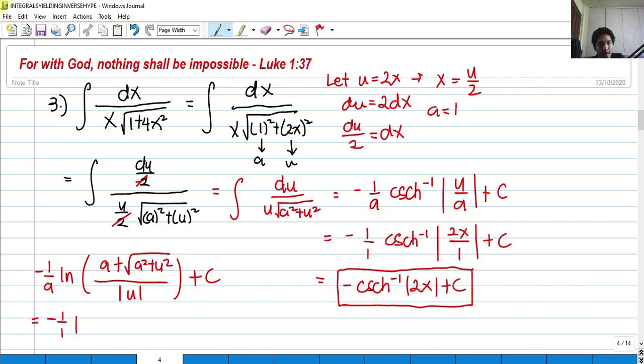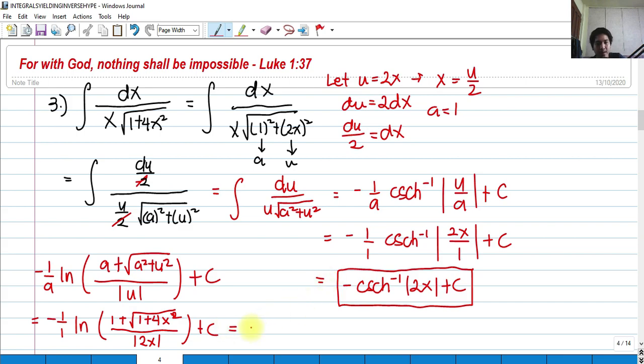Our a is still 1. Then we have ln of 1 plus the square root of a squared plus u squared, that is 1 plus 4x squared, all over the absolute value of u, which is 2x, then plus c.